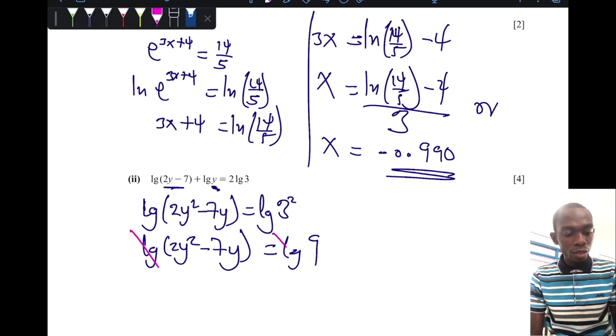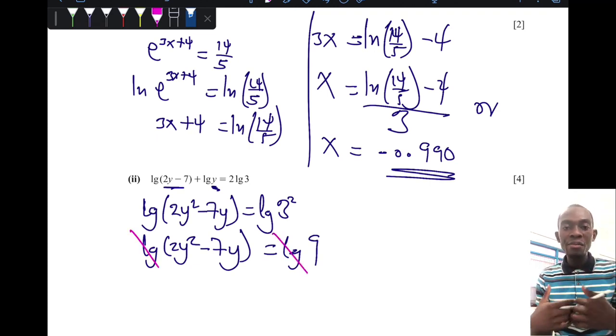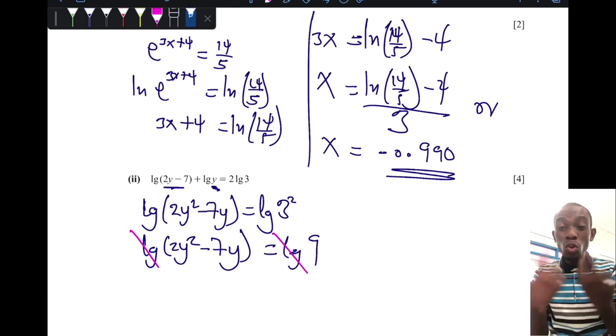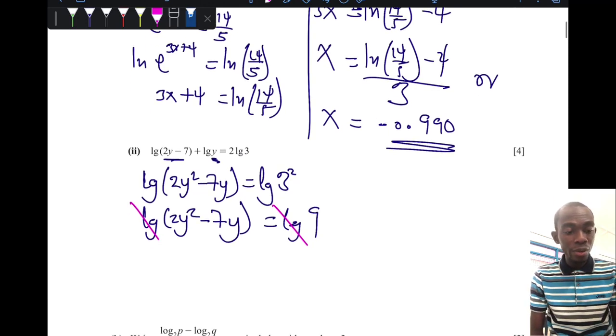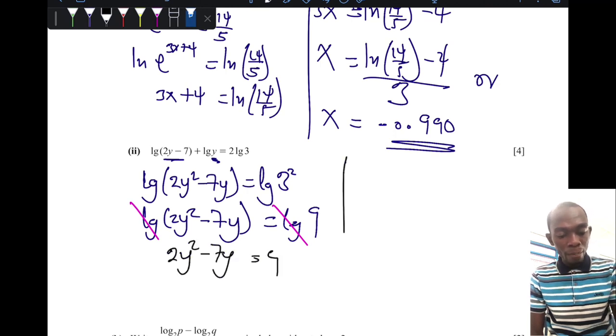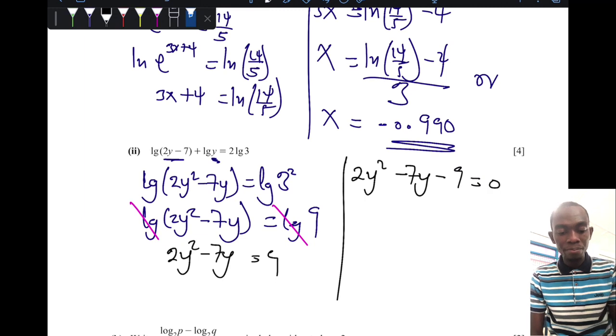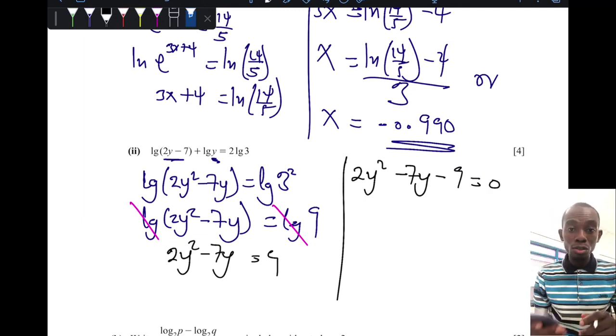Okay, so it doesn't necessarily cancel out, but in a loose sense we can say it cancels out, so that we can comfortably write 2y squared minus 7y equals 9. And then we can write 2y squared minus 7y minus 9 equals 0. Okay, I'm just going to use my calculator to solve this.